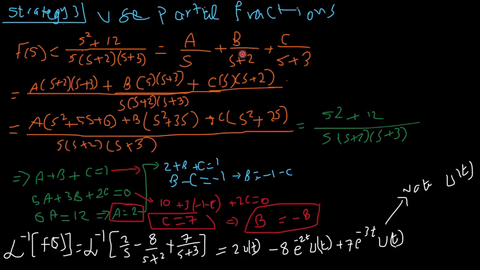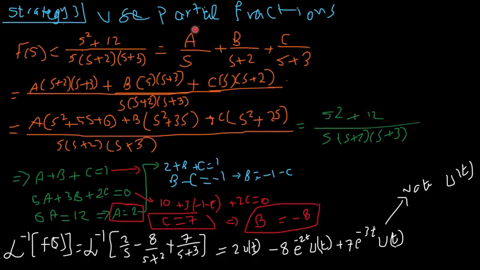The rule is that the numerator would have a degree which is 1 less than the degree of the denominator. So this expression would be equal to a over s plus b over s plus 2 plus c over s plus 3. These are equal, so we will have a common denominator again in the right hand side, and then the numerator will be like that.